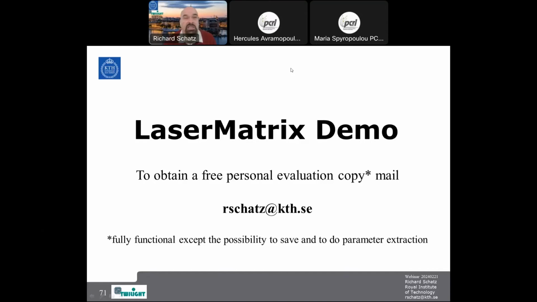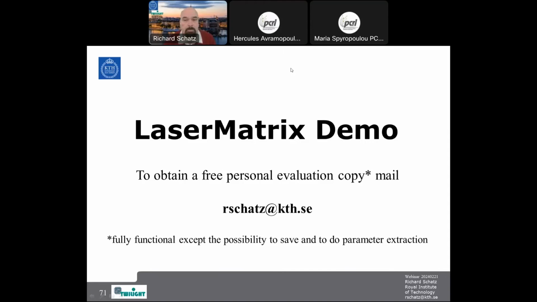VPI is good to simulate its performance in a system, for instance, when you have designed a laser. So they complement each other in a way. LaserMatrix is purely for the laser design, whereas VPI is more for the system design when you have finalized your laser design.